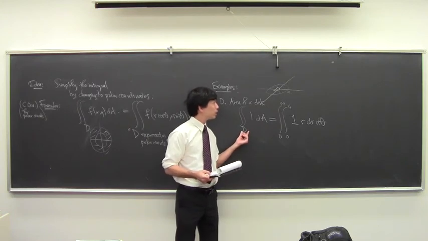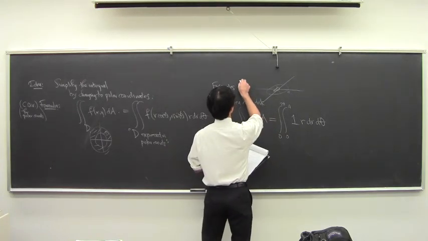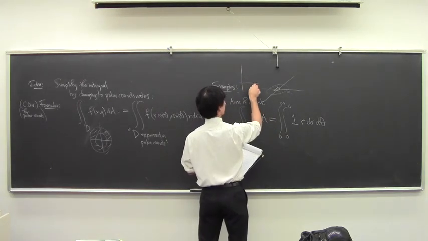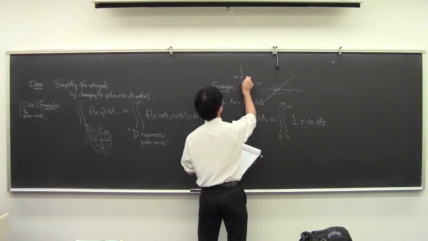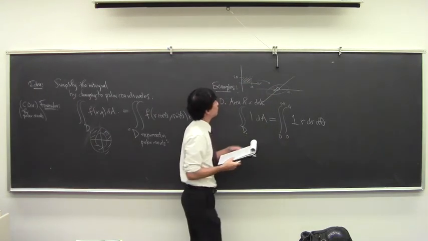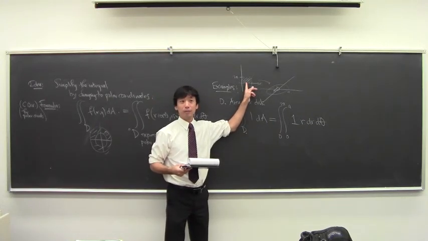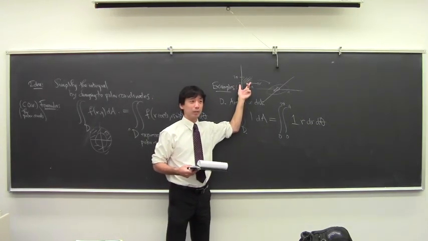So you take your region, right? So this is r, and this is theta. Okay, this is the region expressed in polar coordinates.